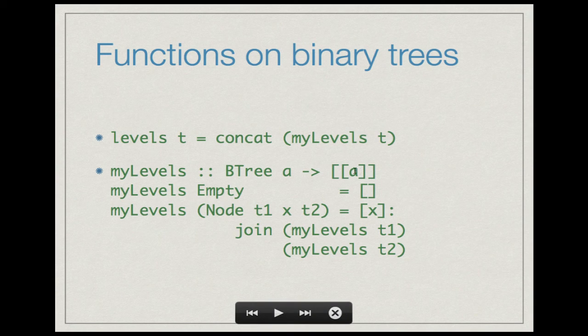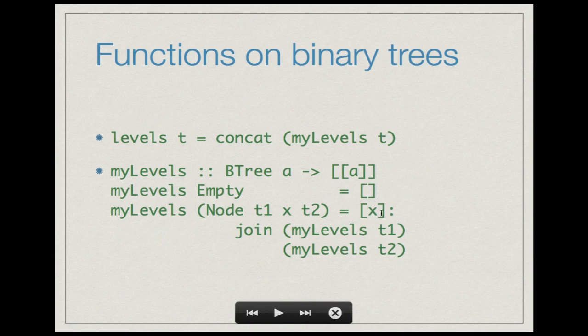The first list in this list represents all the nodes in the first level. The second list inside this list represents all the nodes in the second level, etc. So myLevels of empty is nothing but the empty list, because there are no levels in an empty tree. myLevels of node t1 x t2 is the list that you get by prepending the list containing x, because x is the only node in the top level.